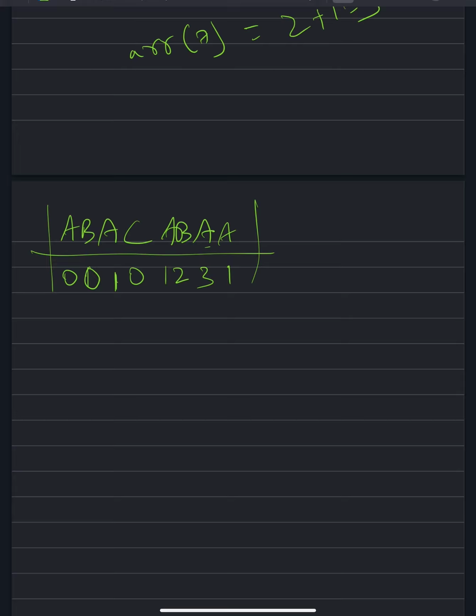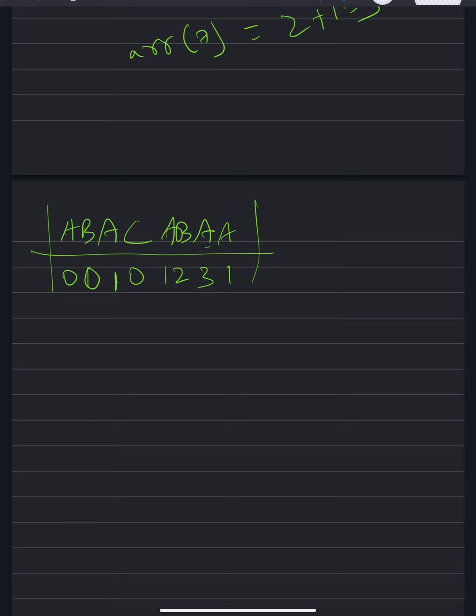So it's clear 0, 0 is clear because there is no prefix suffix possible here. Then here we see 1 is possible, AA, and here again there is no possibility of any prefix suffix. Okay, now suppose this is a string, in the C, 1 is possible. Okay, AA is matching.